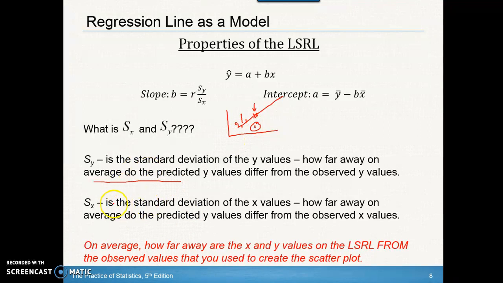Same thing with your standard deviation of x. Basically, what this means is, on average, how far away are the values on the least squares regression line from the observed values you used to create the scatter plot? So it's just saying, on average, how far away are each of these predicted values from the observed values that you gathered.